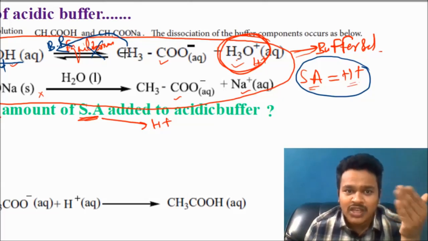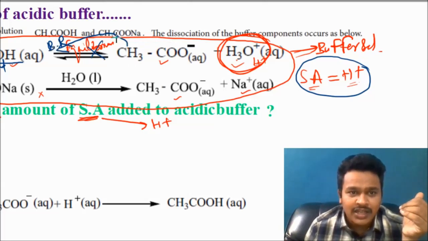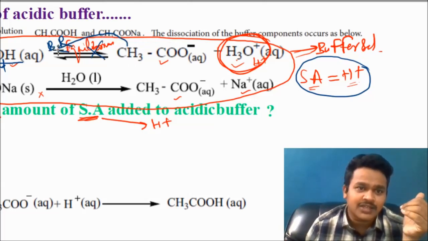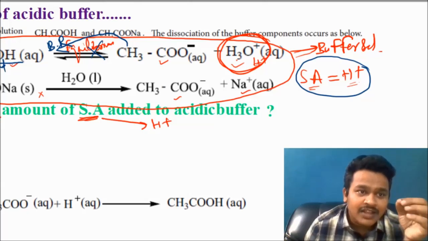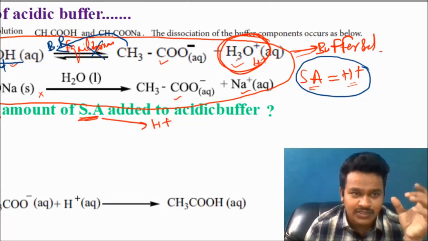To get a new equilibrium state, the system moves in the backward direction and undergoes the backward reaction. In the backward reaction, unionized acetic acid molecules are forming. Further, they are not undergoing any ionization process.